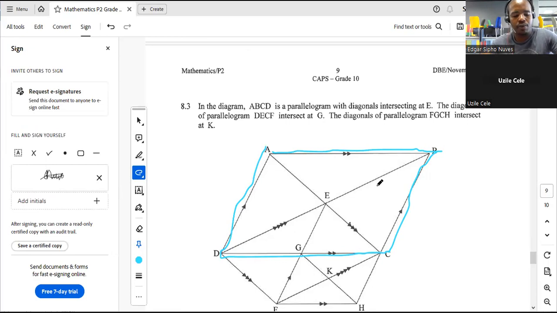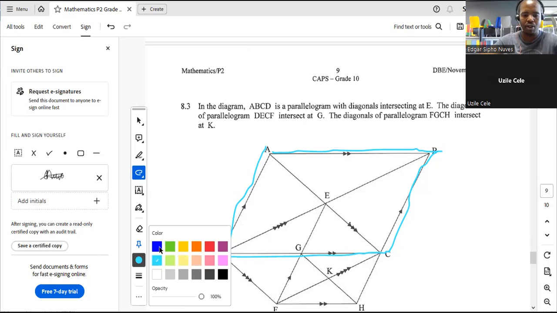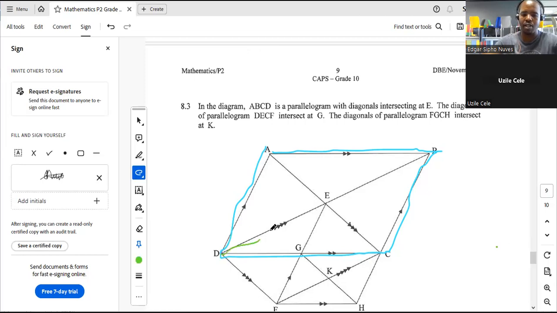Now it says the diagonals of parallelogram DECF. This is a different parallelogram. Like I said, using your colors is important for visualizing. DECF is this one. They say the diagonals of this parallelogram meet at point G. So it has diagonal DC and diagonal EF.